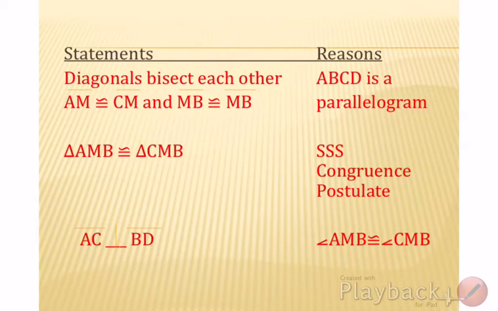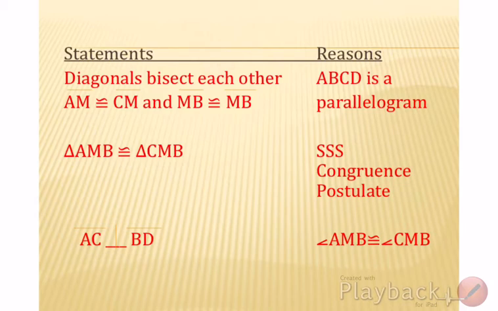Therefore, the triangle created by the diagonals, AMB, is congruent to triangle CMB because we've proven that the three sides are congruent to each other. Side, side, side congruence postulate. And therefore, AC is perpendicular to BD because the corresponding angles of AMB are congruent to the angles of CMB.